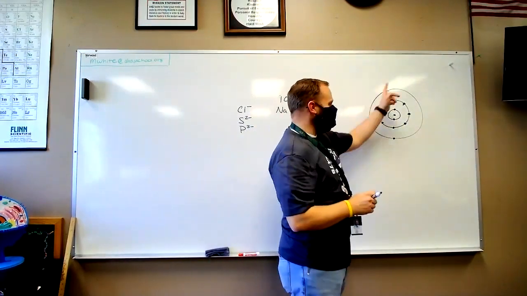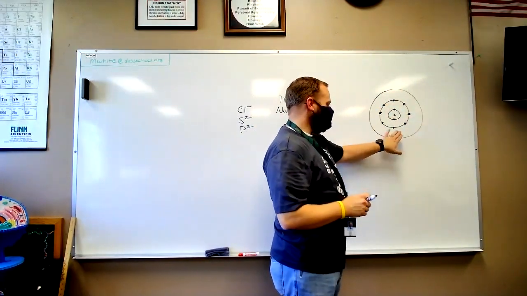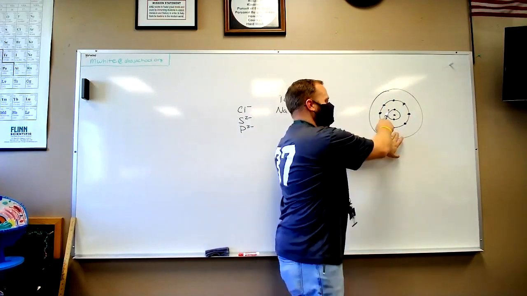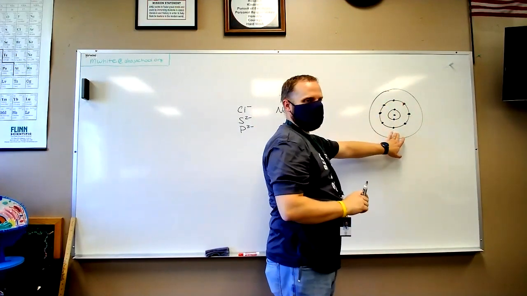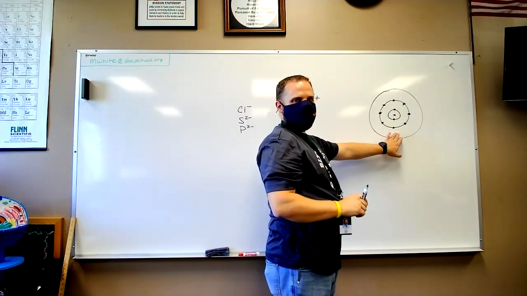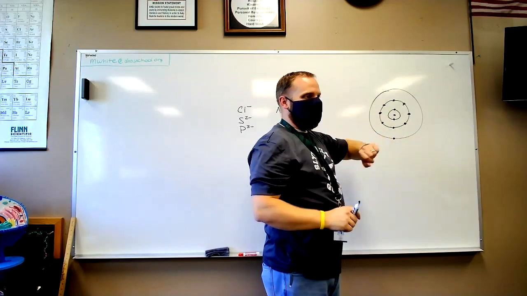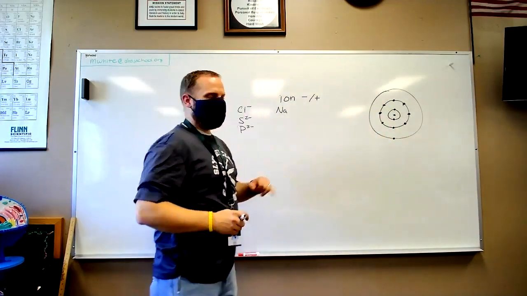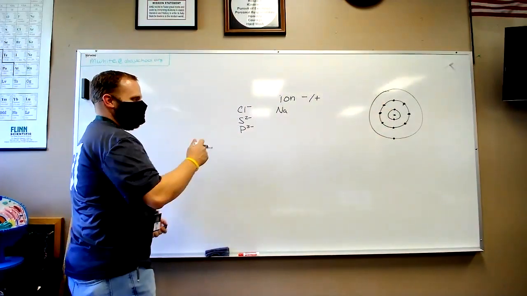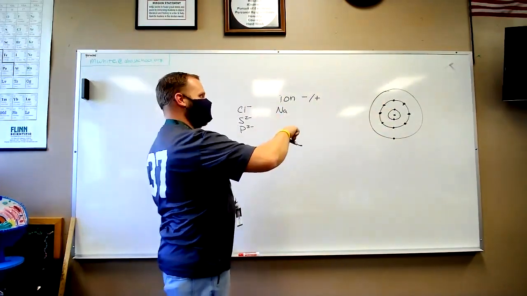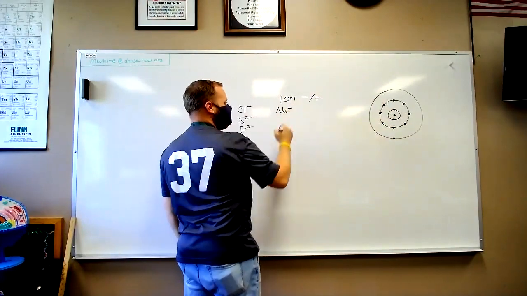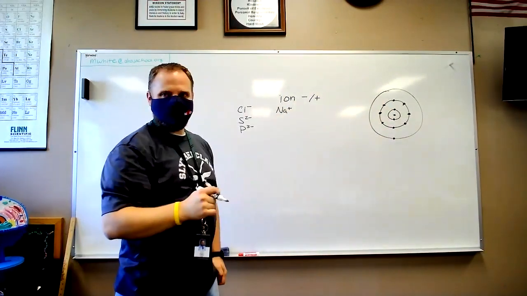Should we add 7 electrons or take this one away and then that becomes the valence shell? Yeah, we're just going to take that one away. It's easier. So that means now we have 11 protons, but only 10 electrons. So it becomes a positive ion.